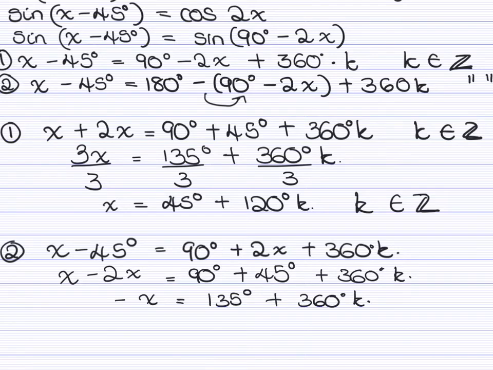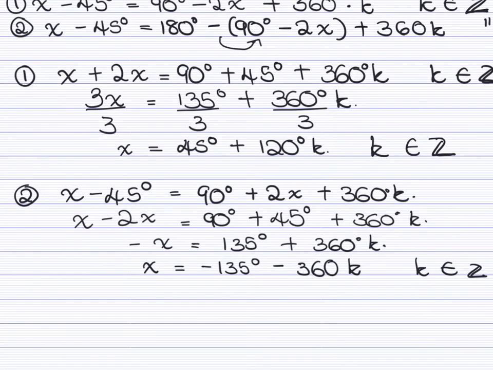To get rid of this negative x, what you could do is multiply or divide everything by −1 so that we're left with x equals −135° − 360k, your k being an integer.